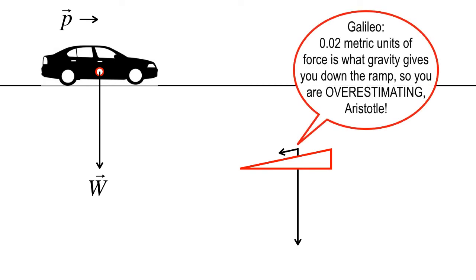So what that means is the force down the ramp is exactly 0.02 metric units. So if the gravitational force is 0.10, the force down the ramp.